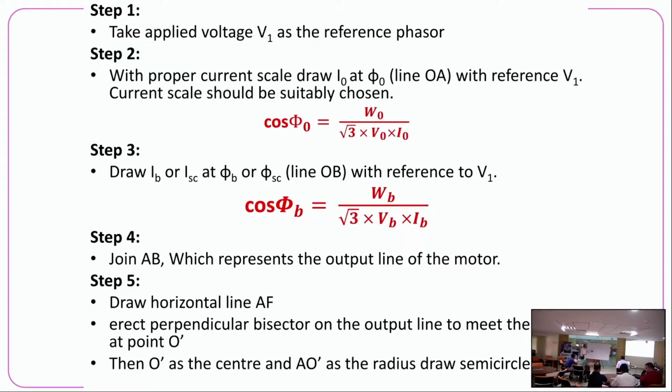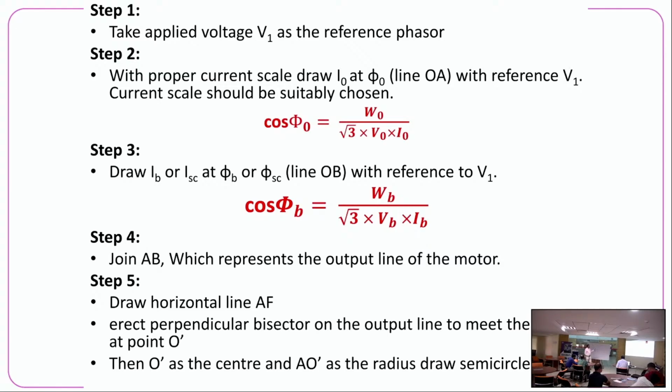It intersects the horizontal line at point C. OA is at angle phi 0. This is a point D. AD is perpendicular to the voltage line.